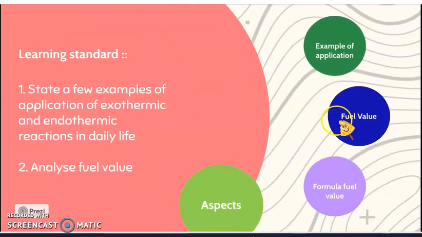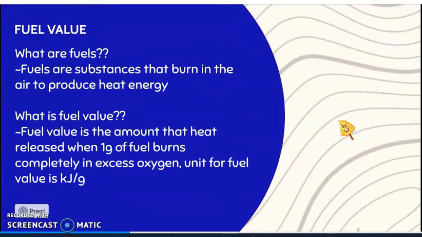Okay, next we want to know about fuel value. What are fuels? Apa itu bahan api? Fuels are substances that burn in the air to produce heat energy. What is fuel value? Fuel value is the amount of heat released when 1 gram, ingat 1 gram of fuel burns completely in excess oxygen.